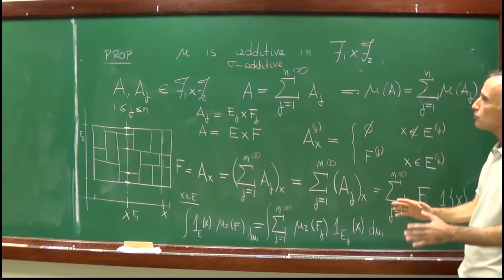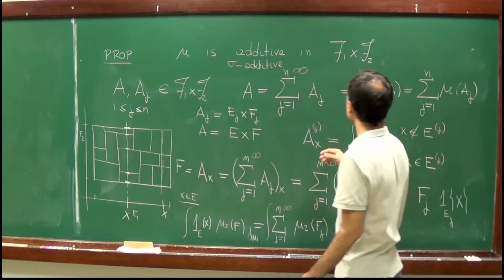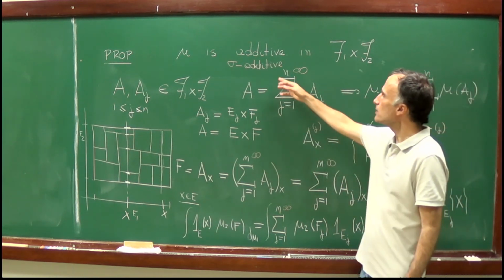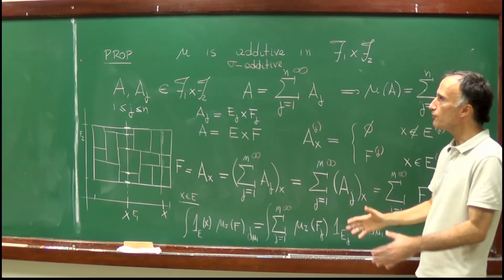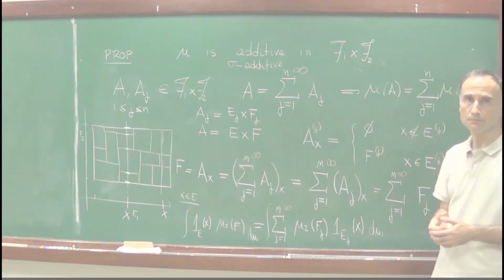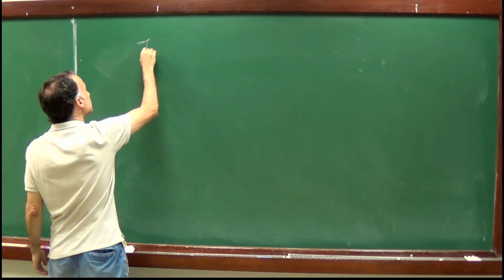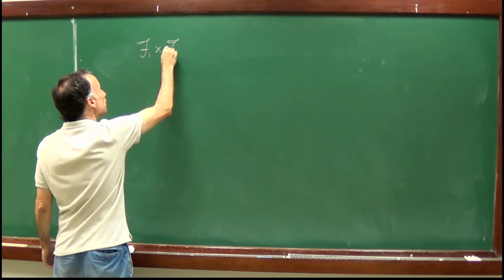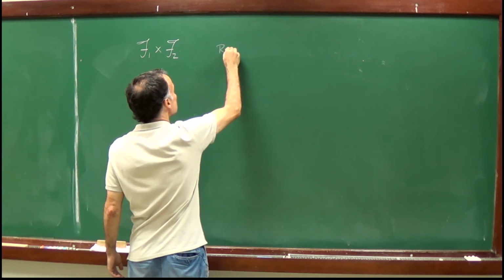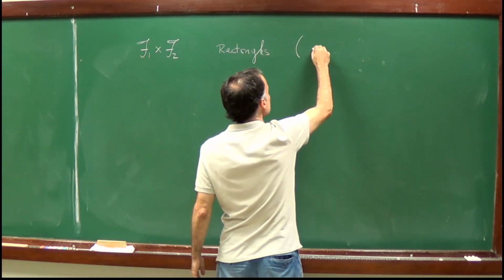And so this completes the proof of the fact that the function mu that we defined on the rectangles, on the semi-algebra of the rectangles, is sigma additive, and therefore the first step in order to use the extension theorem is in force. So let me summarize what we did up to this point. We defined F1 times F2 as the family of rectangles, and we proved that this family of rectangles is in fact a semi-algebra.